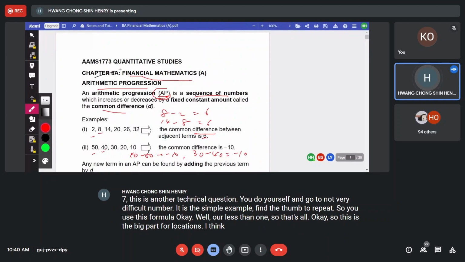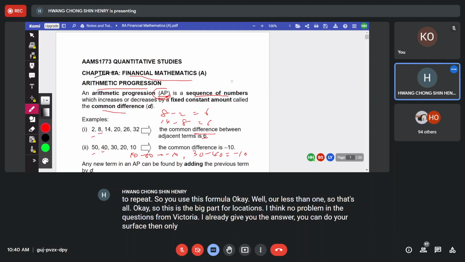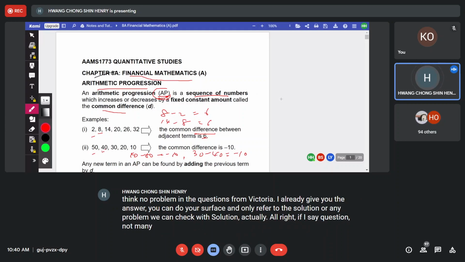I think no problem. The questions from the tutorial, I already gave you the answers. You can do them yourself first, then only refer to the solutions, or if any problem you can check with the solution straight away. All right. I think past year questions not many. Like I said, let's emphasize strictly more on interest and annuities.